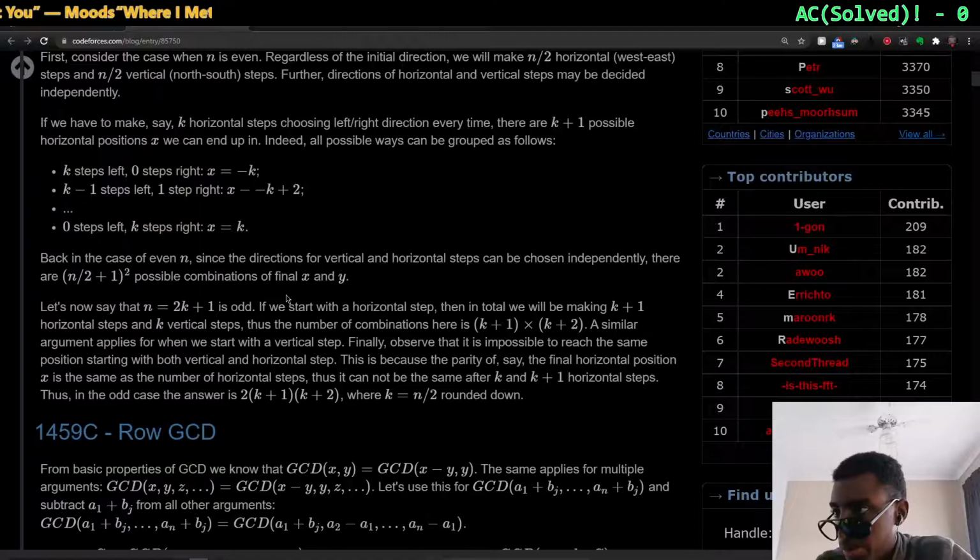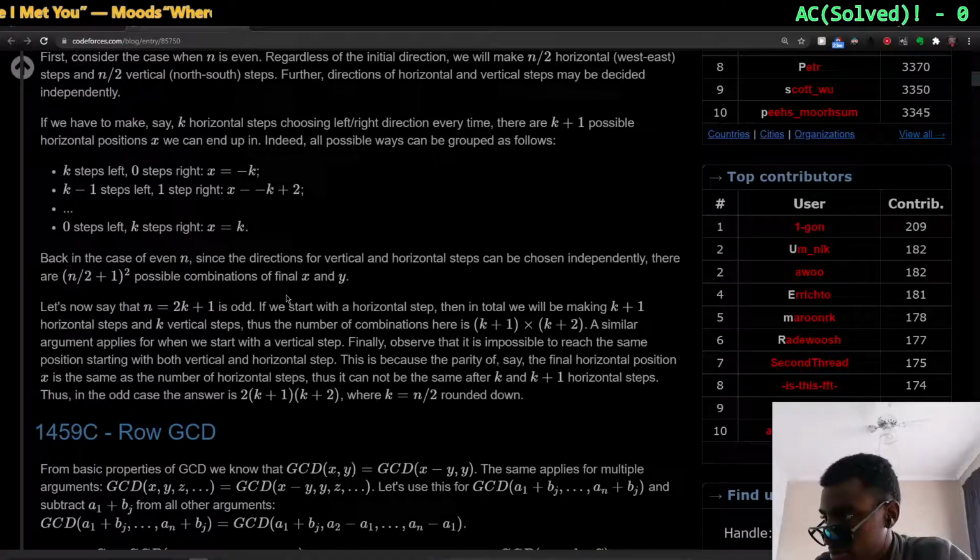Then in total we'll be making k plus 1 horizontal steps and k vertical steps. And the number of combinations here are 1 and 2. Similar argument applies for vertical steps.